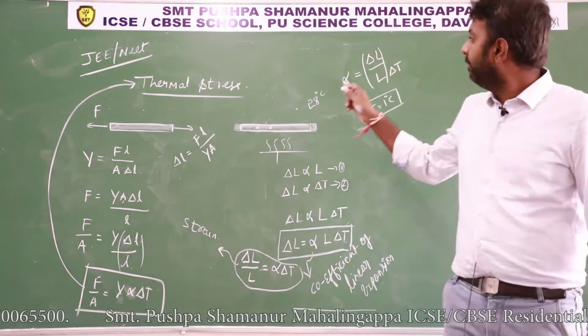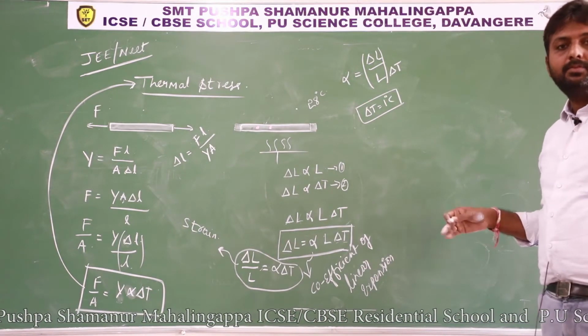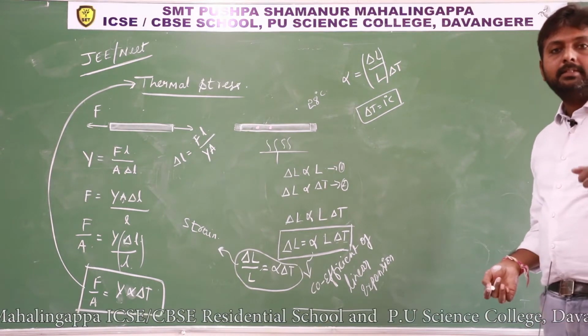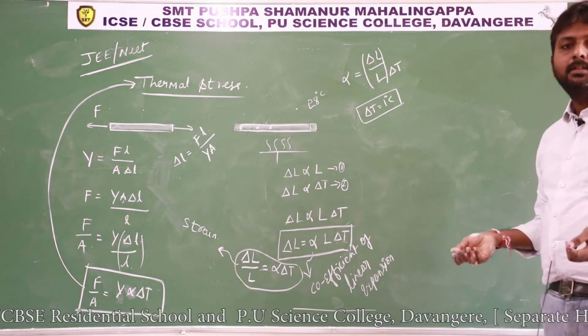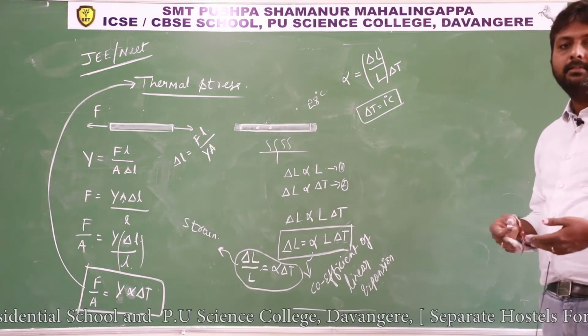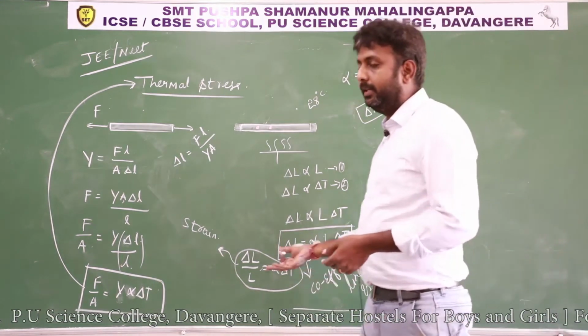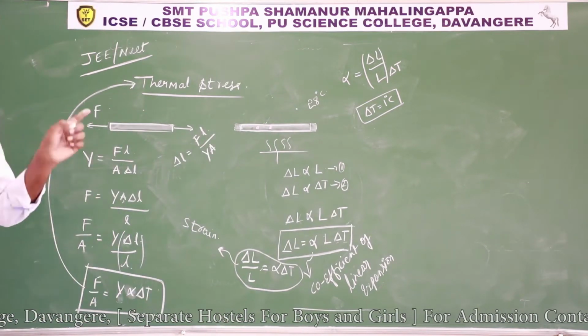In this way we define the coefficient of linear expansion for different materials. We increase the temperature by 1 degree Celsius and see the fractional change in length. If that fractional change in length is more, the alpha value is more. If it is less, the alpha value is less. So note down this concept.